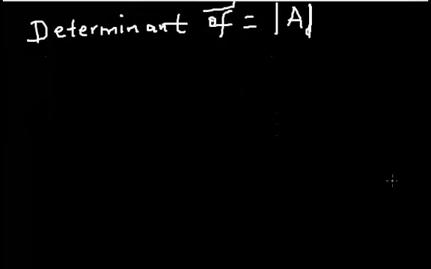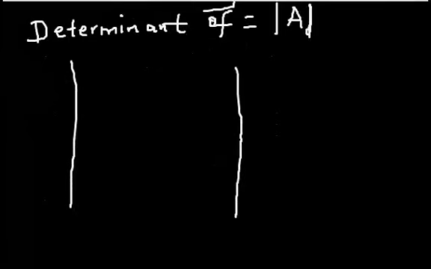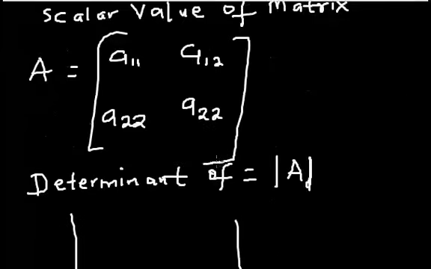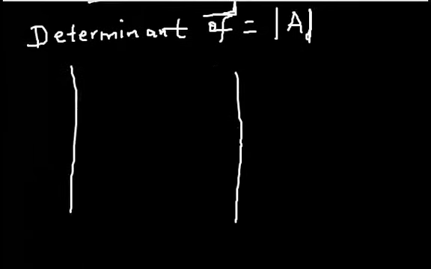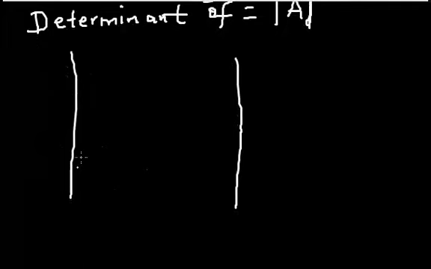We use these 2 straight lines to represent determinant. So the symbol for determinant is different from the symbol of matrix. Why? Because for matrix we use a long bracket, but for determinant we use 2 straight lines.